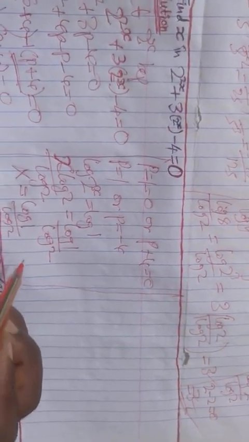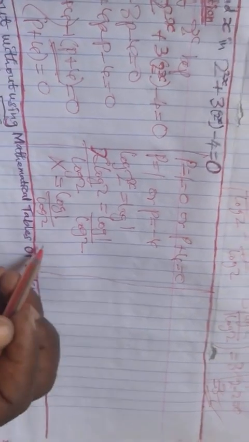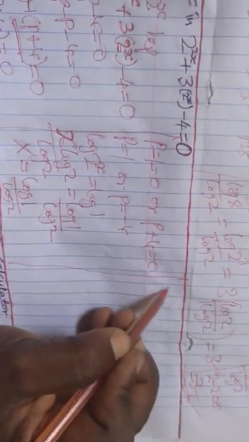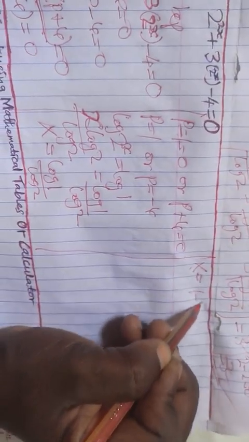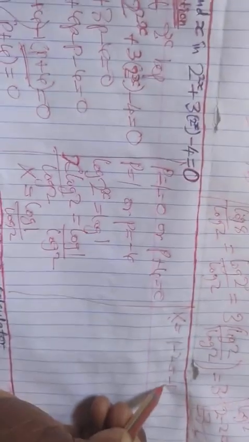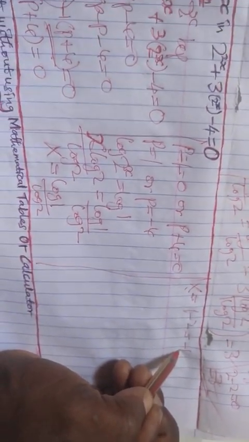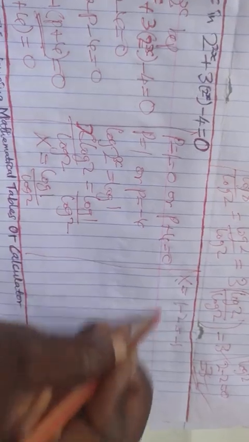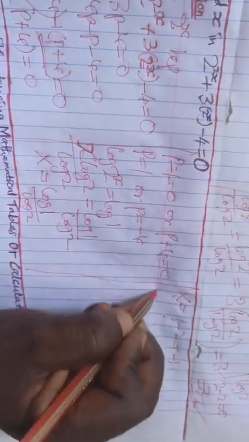Since addition goes with multiplication and subtraction with division, x is the same as 1 minus 2, which is negative 1. Since there is no negative log, our final answer is 0.